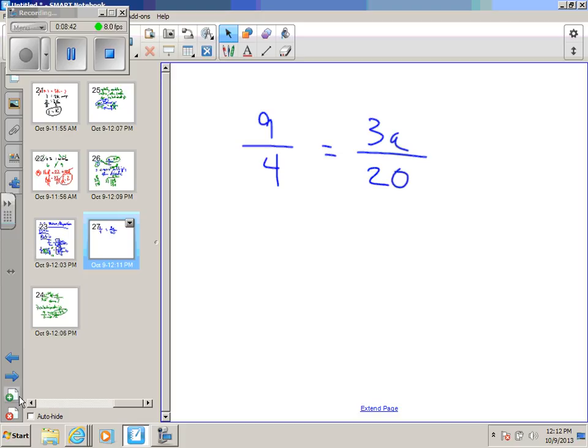Okay. Now a little bit different. We'll still have to find out what the value is going to be. But what I need to work on then is what am I going to multiply 3 by to get the value on top to be equivalent? And we talked about cross products, correct?